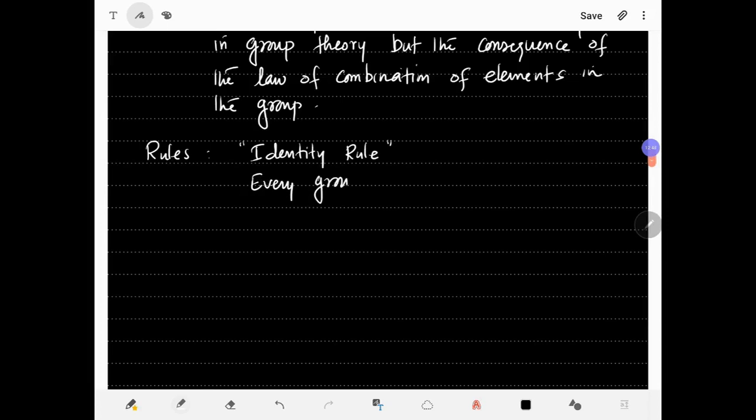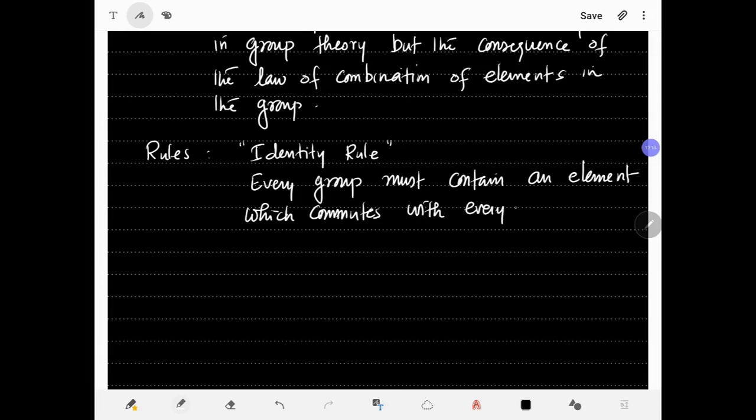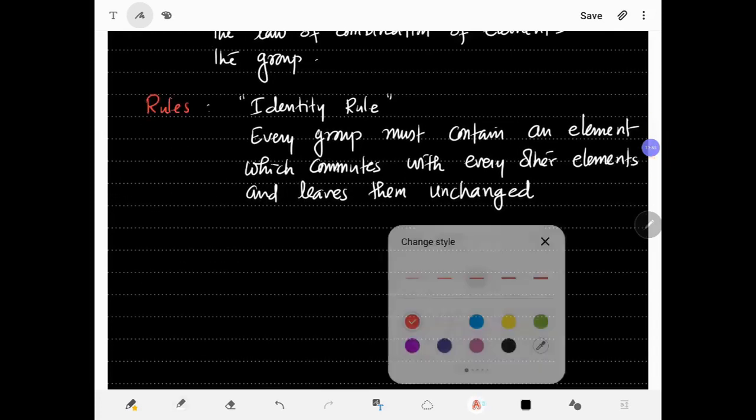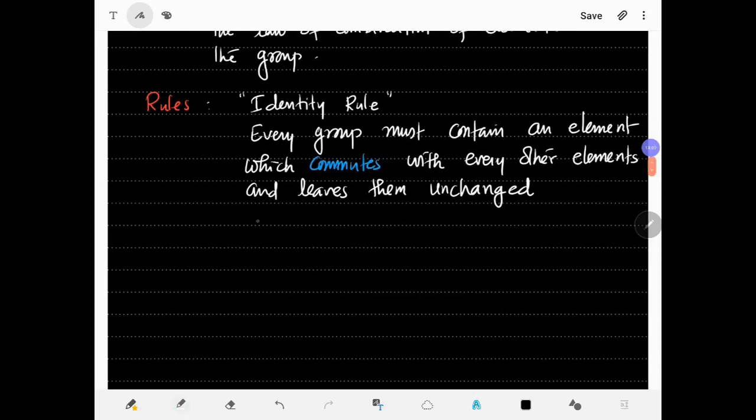This rule says every group must contain an element which commutes with all other elements and leaves them unchanged. So there should be one element which commutes with every other element and leaves the other element unchanged.